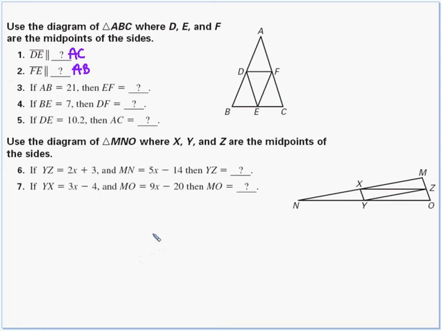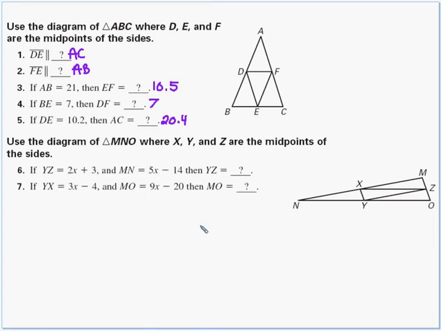If AB equals 21, then EF will be half of that, 10.5. If BE equals 7, DF will actually equal the same, 7. If DE equals 10.2, then AC is 20.4. We double that. Going back to our mid-segment theorem.